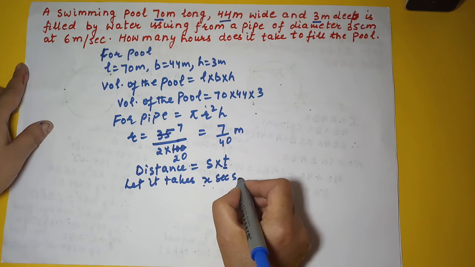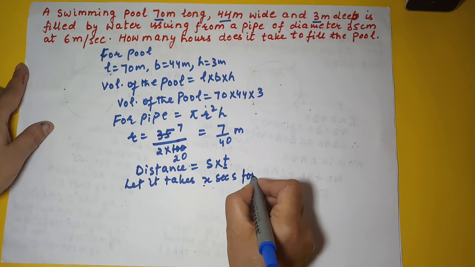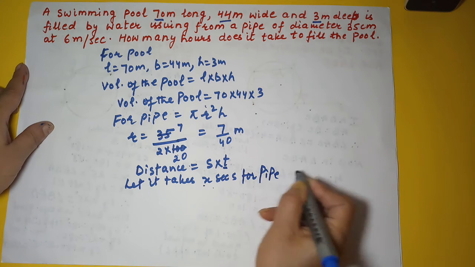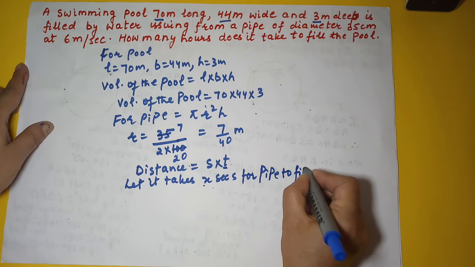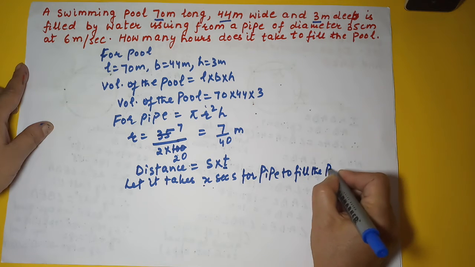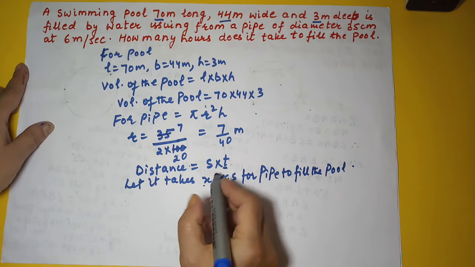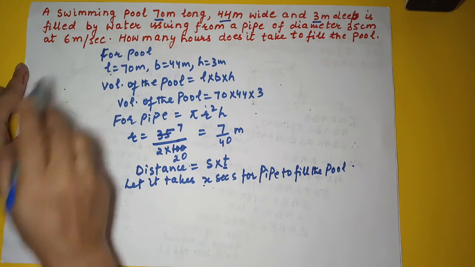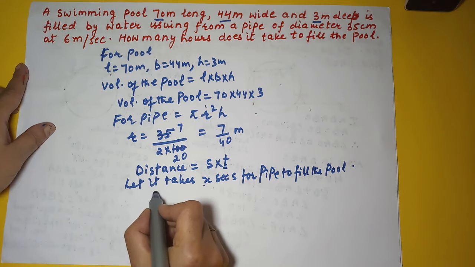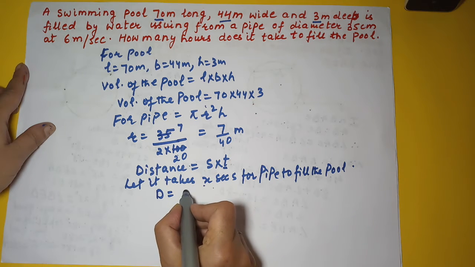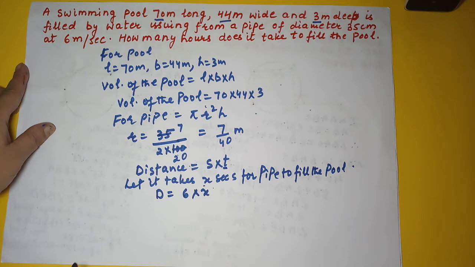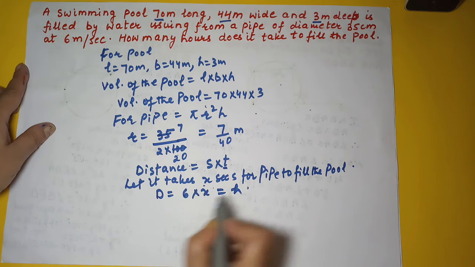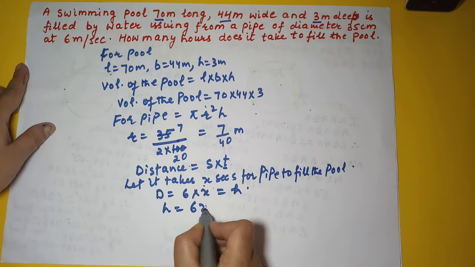X seconds for the pipe to fill the pool. So he has also given me the speed at which the water is flowing. So I can calculate the distance, which is 6 into x. So distance becomes my height. So h is equal to 6x.